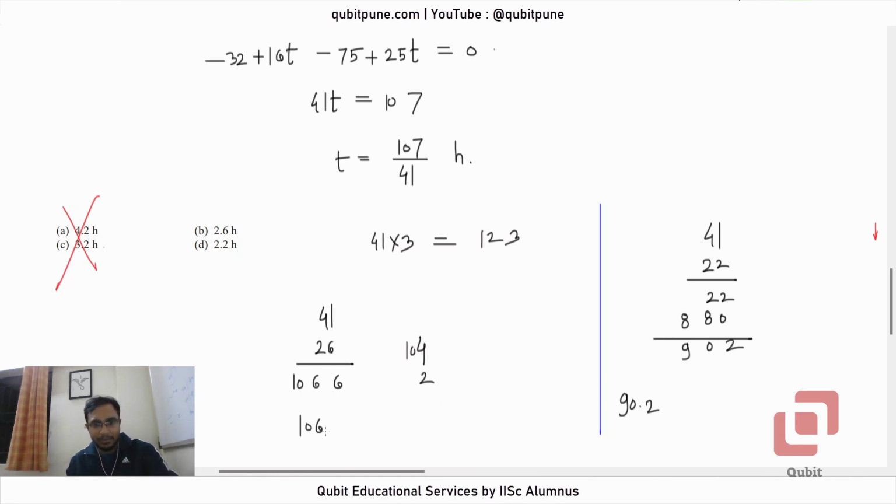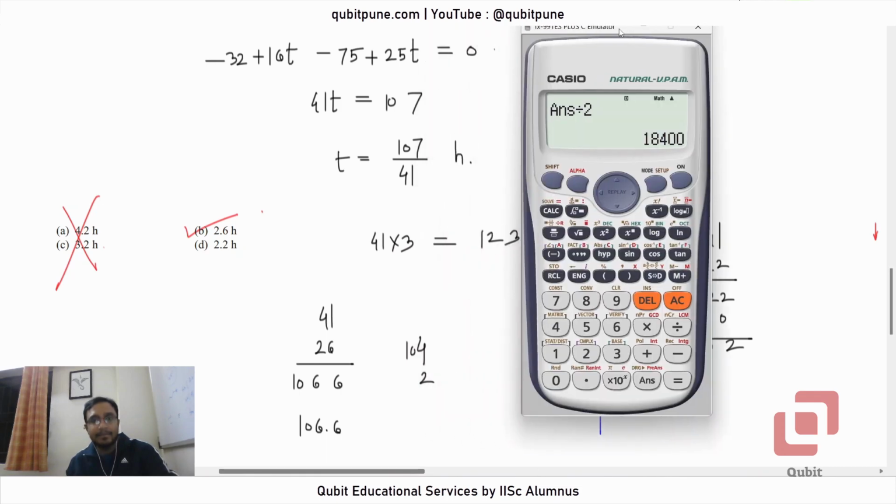So this looks close, rather closer than 90.2. So what is the right option? Option B. Let's just confirm it once. 107 by 41 is 2.609. Okay, fine. So that's correct. 2.6 is the right answer.